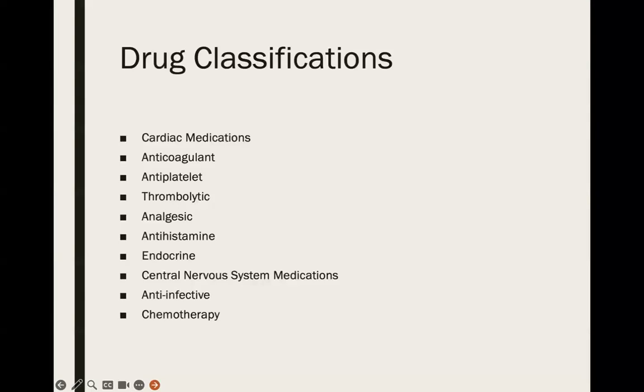So being in imaging, we need to be familiar with certain drug classifications, but we don't have to have the broad knowledge that a nurse or a doctor would have.